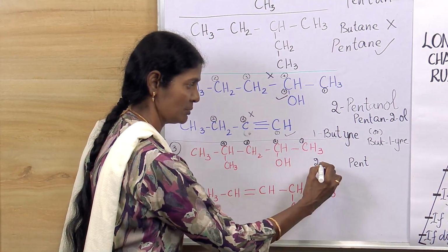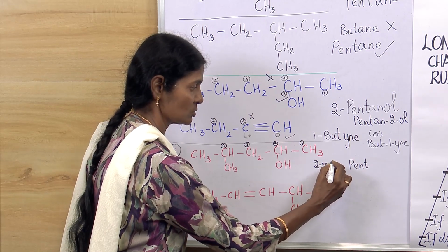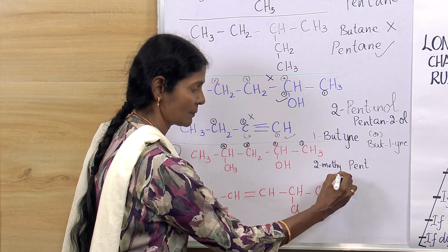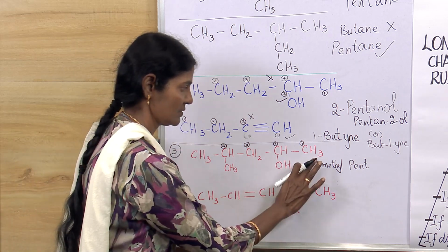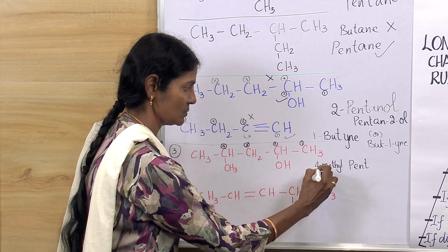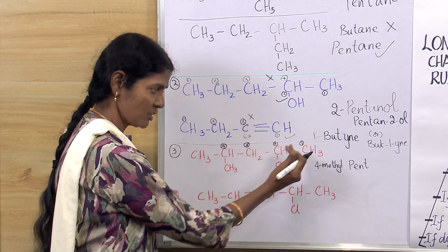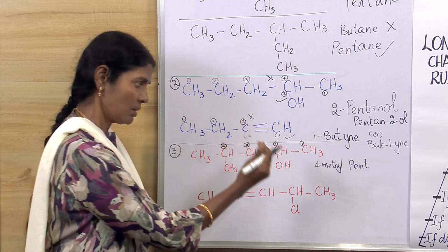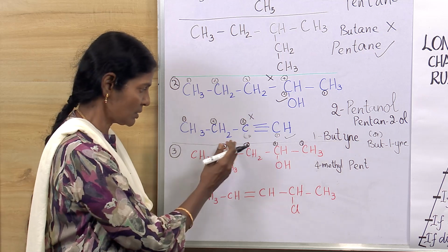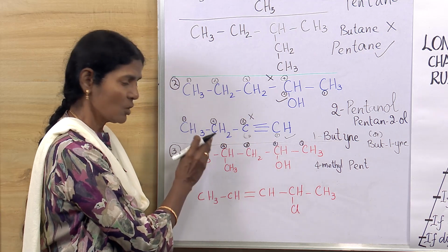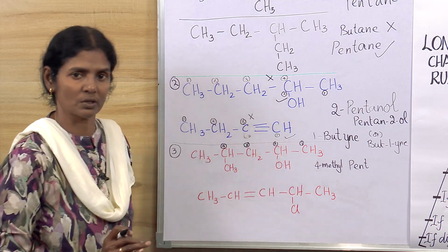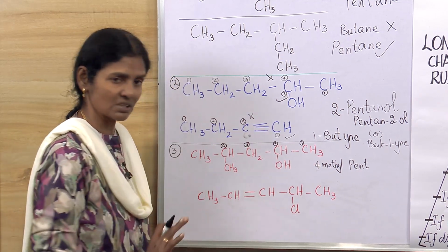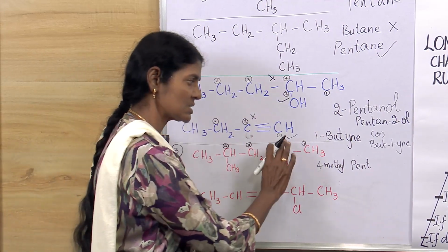So it comes before the root word. So 2-methyl. Is it 2? No. This will be 4-methyl because if we are giving 2 for alcohol, automatically the other number that comes, as you number it, whatever number comes here, that goes to the substituent group. So 4-methyl is done. Pentanol.